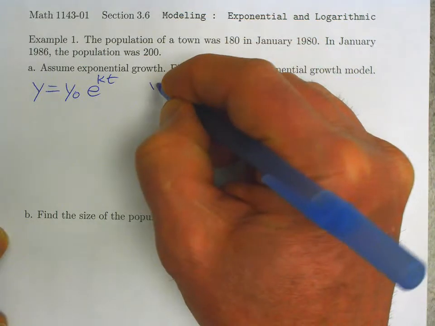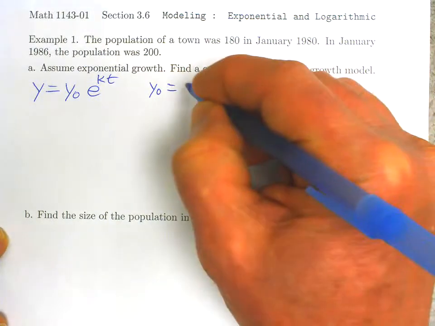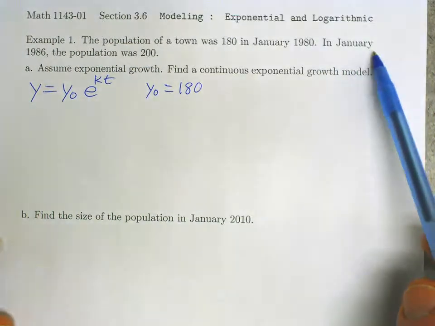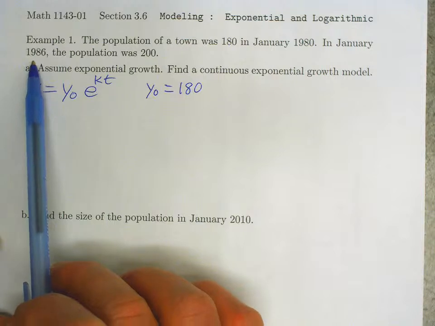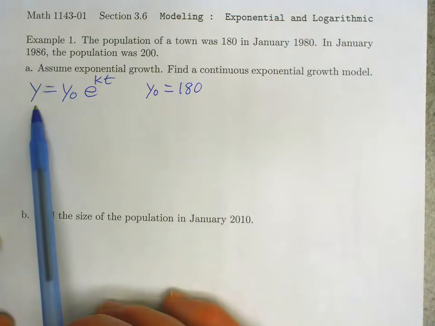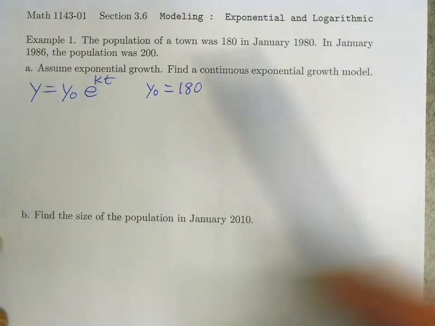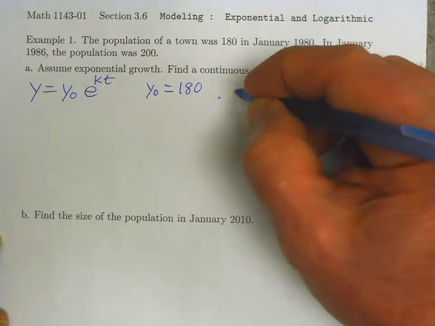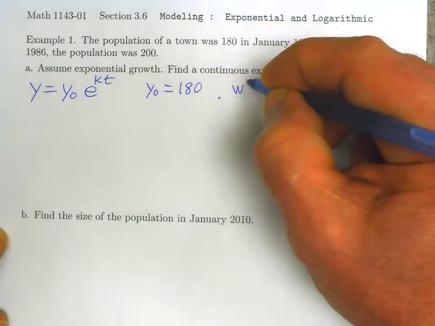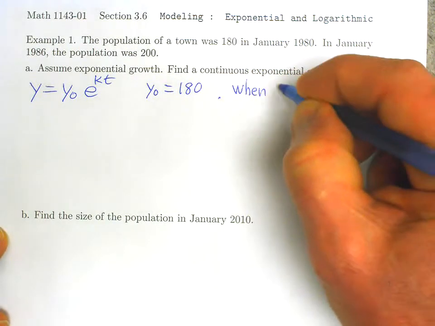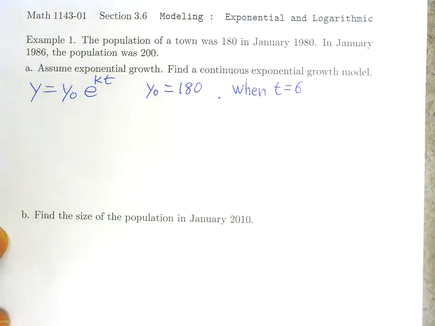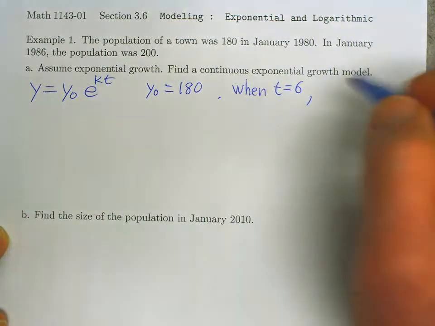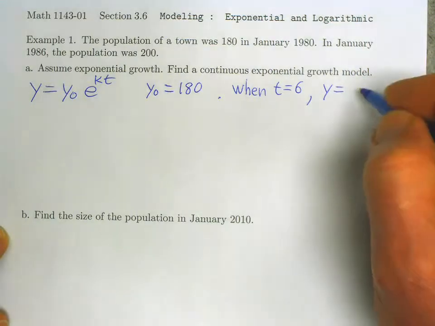So I'll write y sub 0 is equal to 180. And then we're told that 6 years later, in January of 1986, the population was 200. So we can write this down, just to be more descriptive, as: when t equals 6, the population y is 200.